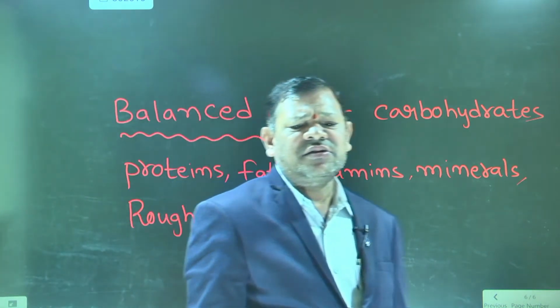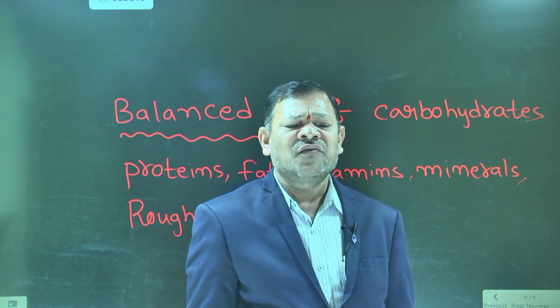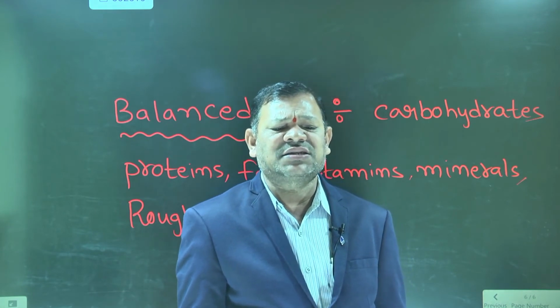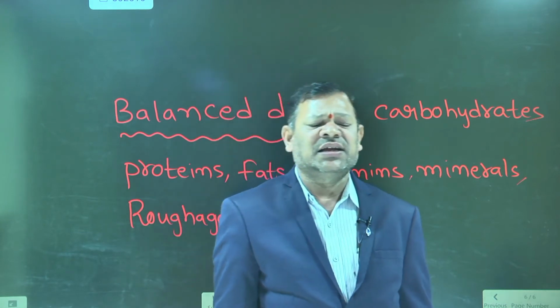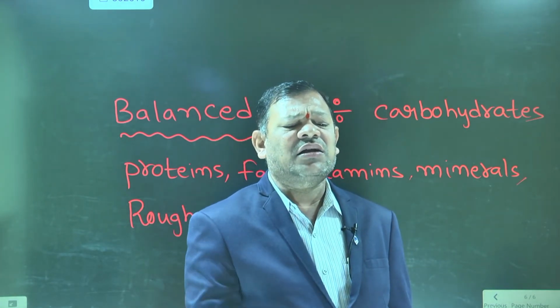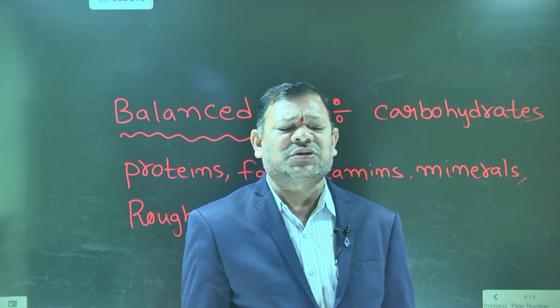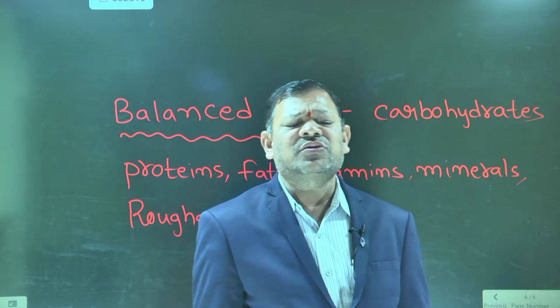If you are taking a sufficient amount of carbohydrate, protein, fats, vitamins, minerals, roughages, and water, that is known as a balanced diet. In our day-to-day life, we are taking all the nutrients in equal proportion. If there is any lack of a nutrient, you get diseases.